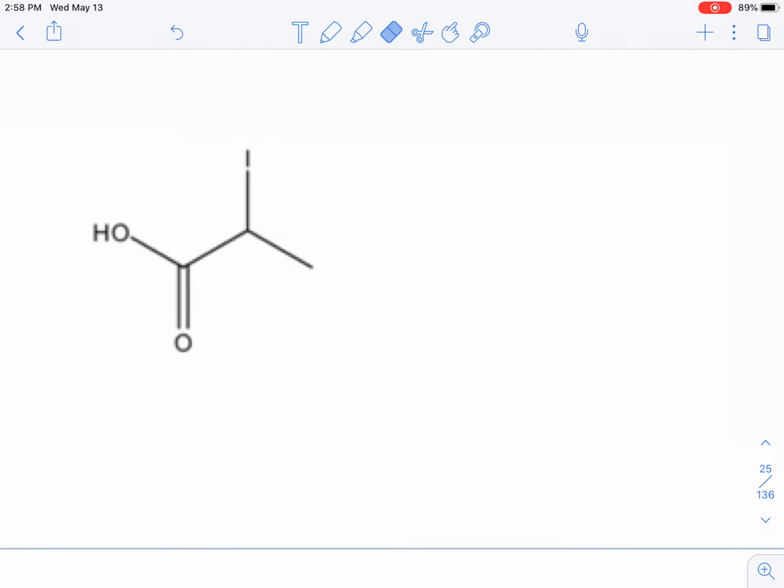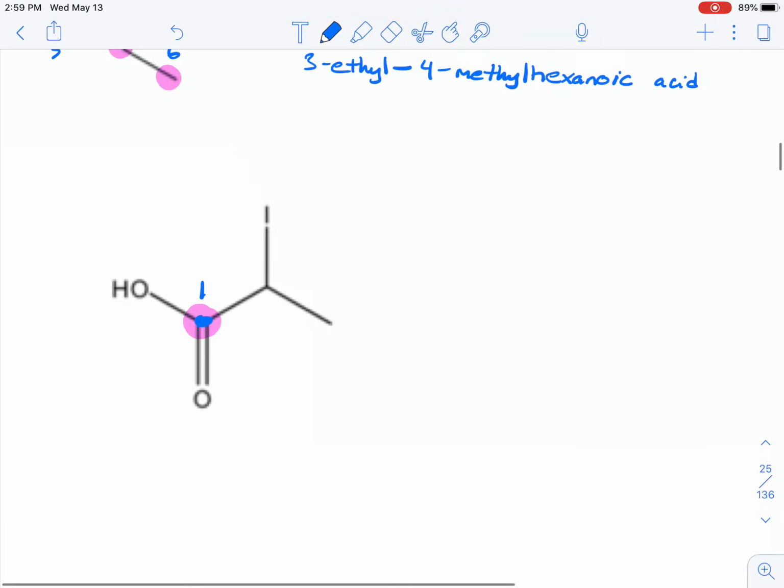All right, so let's go ahead and take a look at the next compound here. So here we see a carboxylic acid. It's kind of upside down. And so since that's where our carboxylic acid is located, then this carbon is carbon number 1.